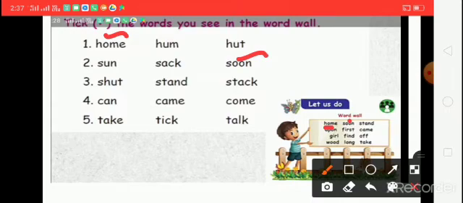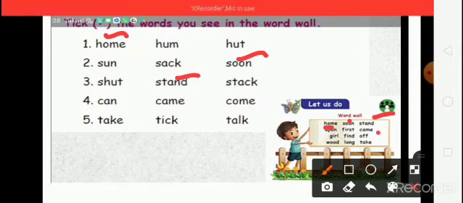Third one: shut, stand, stack. Stand. Fourth one: can, came, come. Came. Fifth one: take, tick, talk. Take.